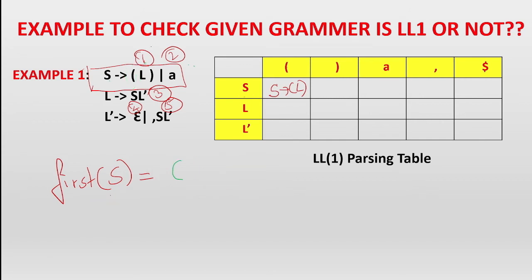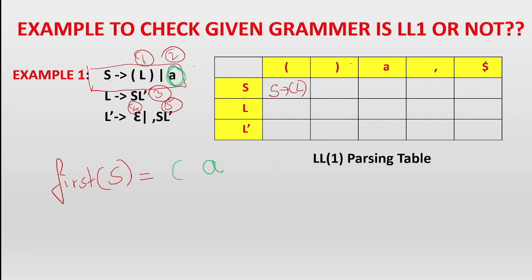Similarly, we need to find the first of S from the second production. From the second production, we know that only a is there. No left, no right, only a is present in the second production and a is a terminal, we all know. Other than capital letters, anything is called a terminal. So the small a is a terminal. So first of S is this small a also. So now we got a as the first of S from production number 2.